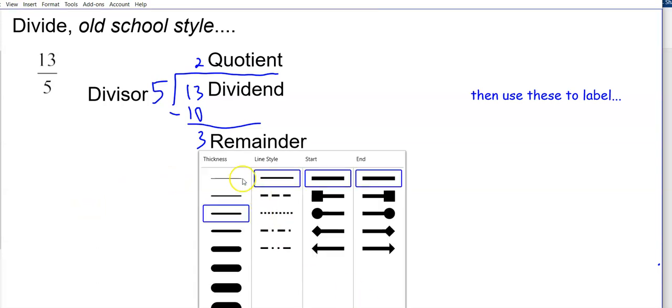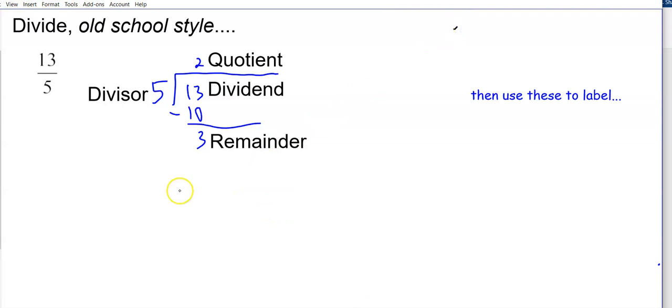The form of our answer is going to be the quotient plus the remainder divided by the divisor.